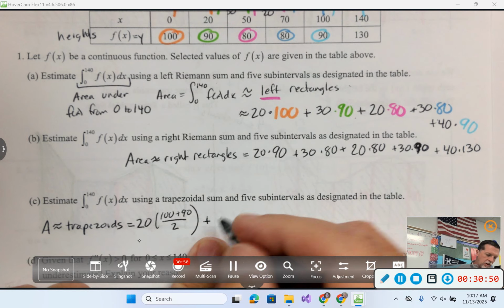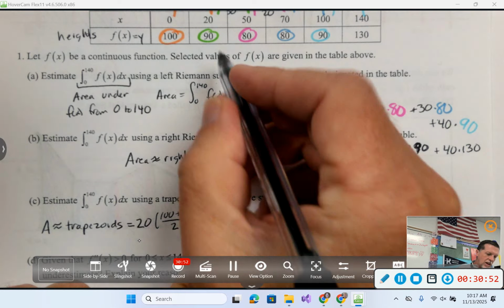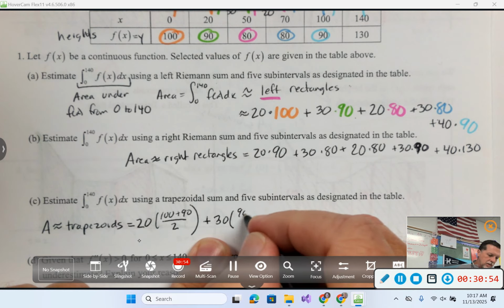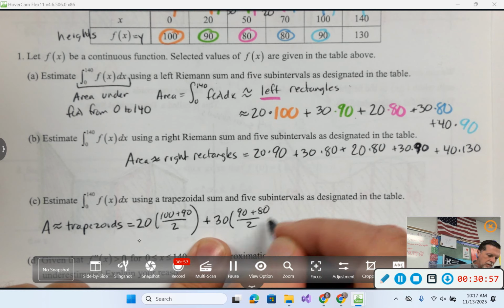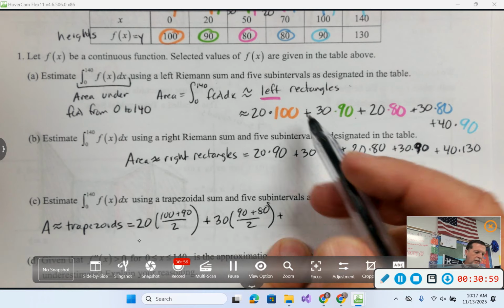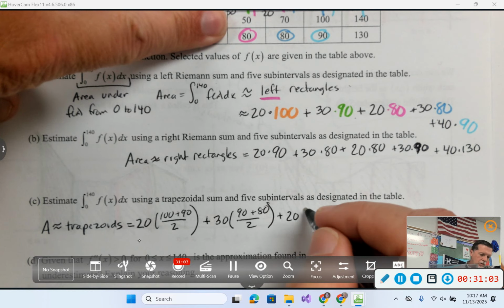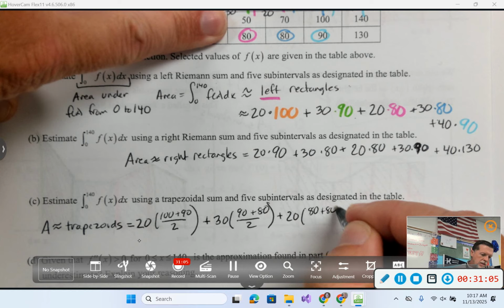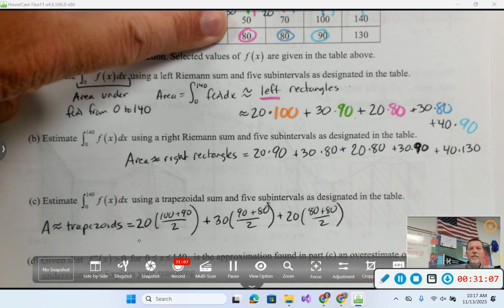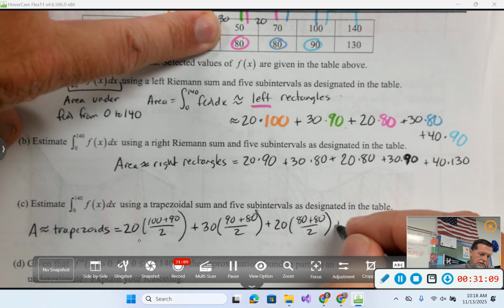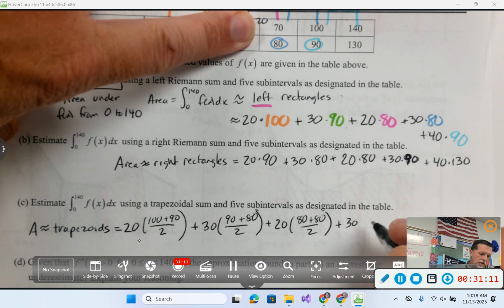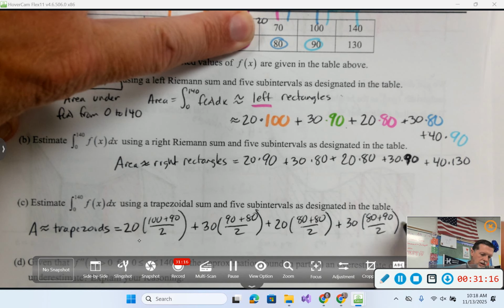All right, the next one, the width is 30, and 90 plus 80 over 2. And then the next one, be careful as you count here. The width is 20. 80 plus 80 over 2. Obviously that's 80, but whatever. Width of 30. 80 plus 90 over 2.